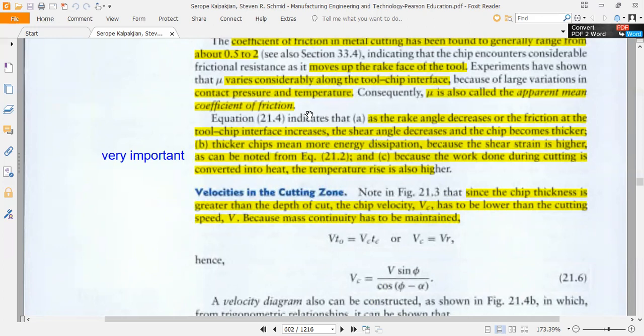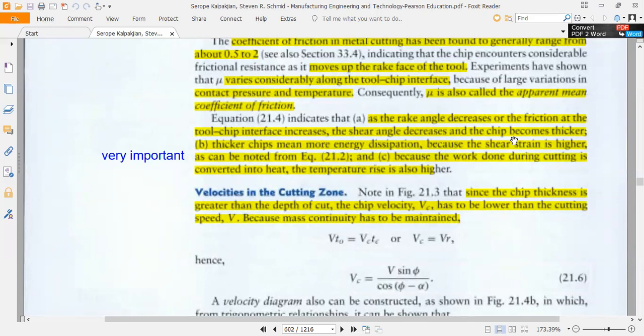A few more important concepts: as the rake angle decreases, the friction at the tool-chip interface increases. So it is obvious that when we decrease the rake angle, the friction will directly increase. Why? Because with the decrease in the rake angle, the shear plane angle also decreases. The chip becomes thicker.